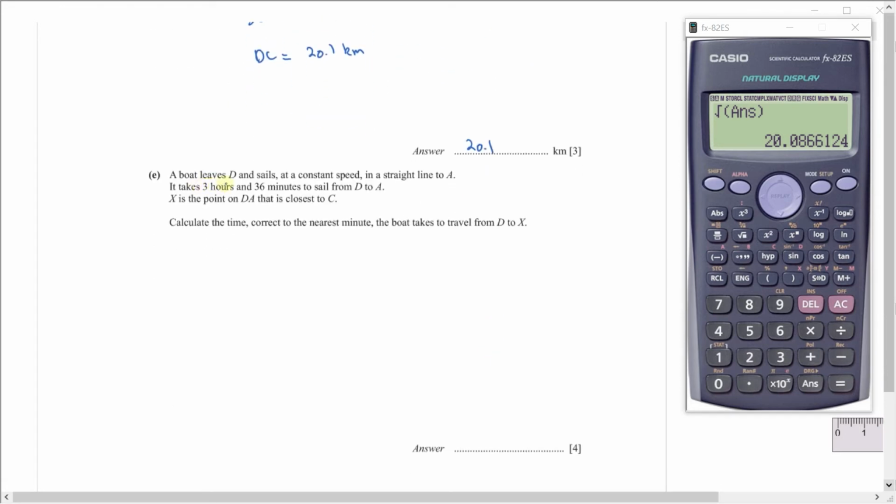Part E is a boat leaves D and sails at a constant speed in a straight line to A. It takes 3 hours and 36 minutes to sail from D to A. X is the midpoint on DA that is closest to C. Calculate the time, correct to the nearest minute, the boat takes to travel from D to X. So the time to travel from D to X will be the distance DX divided by the average speed of the boat.